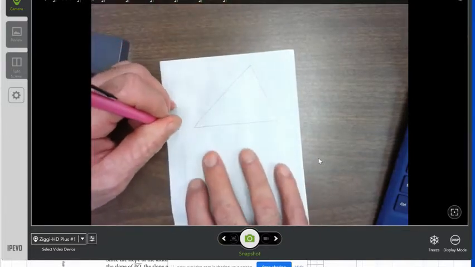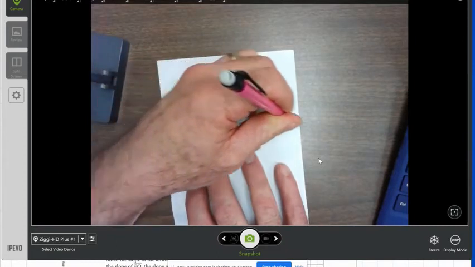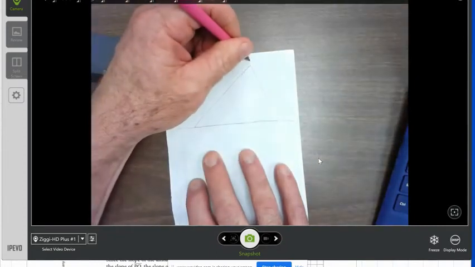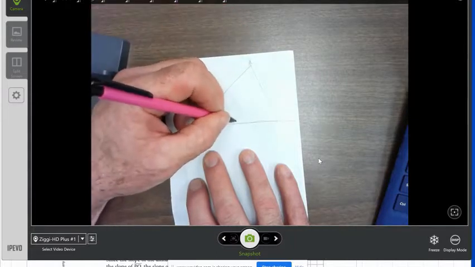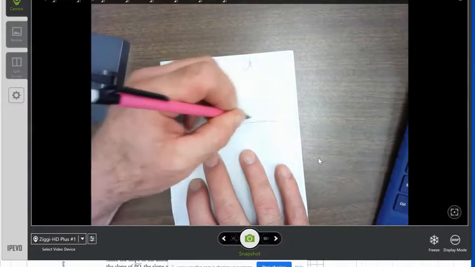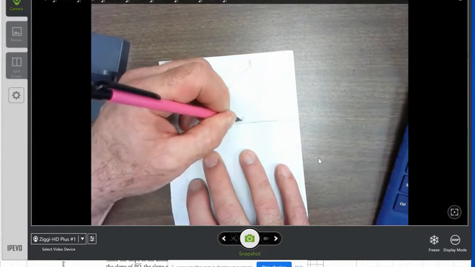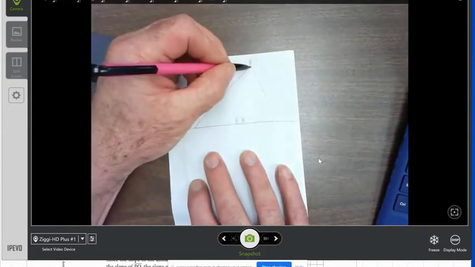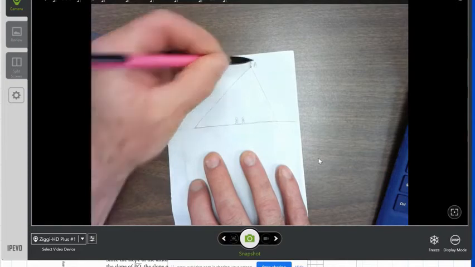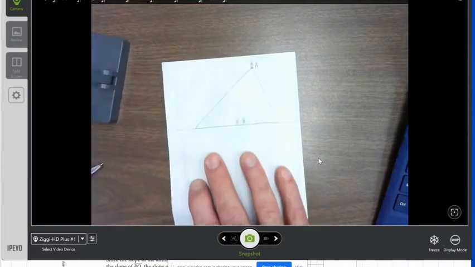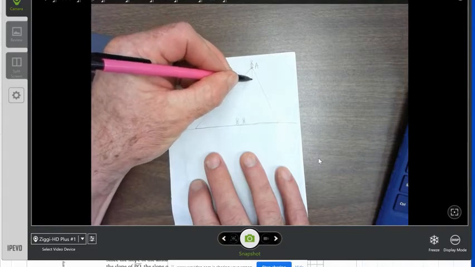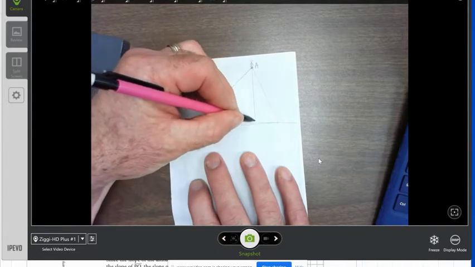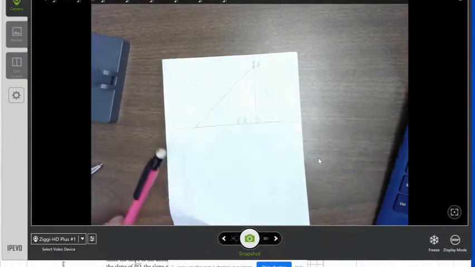If this is the ground, and this is like a mountain, and you have somebody standing up here at the top of the mountain, and people standing down here on the ground, when you drop a rock from this vertex, we'll call this Vertex A, the rock always falls perpendicular to the horizon, so that would fall straight down here. So that is one of our altitudes.